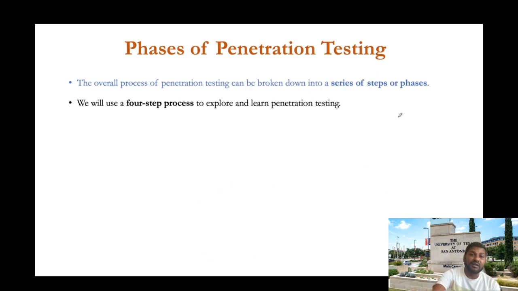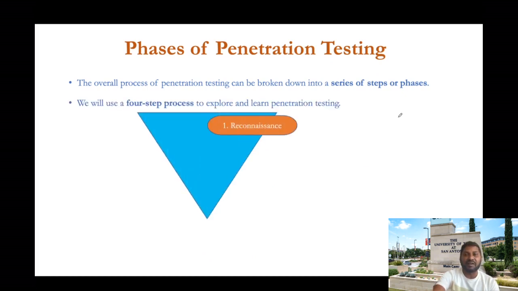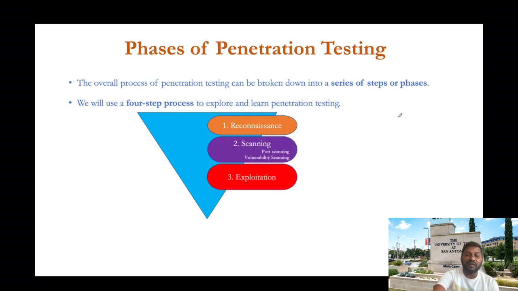We are going to focus on a four step process to explore and learn penetration testing: the reconnaissance phase, the scanning phase, then the exploitation phase, and the post exploitation phase.